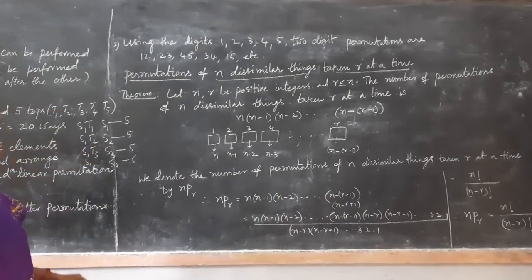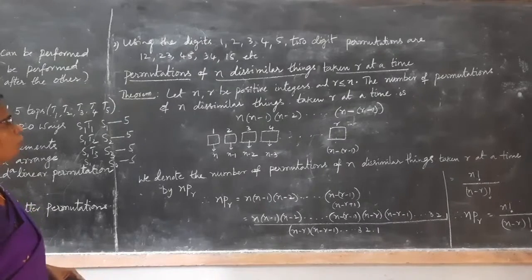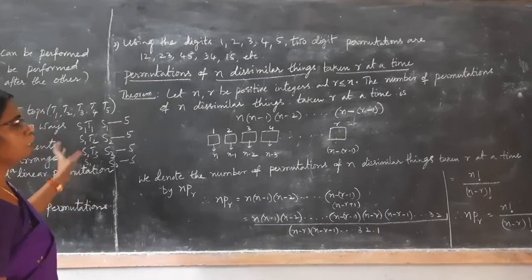Here I am giving one more example for permutation, linear permutation.